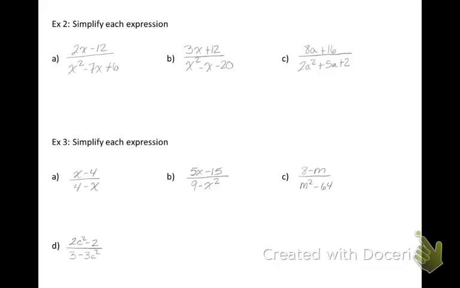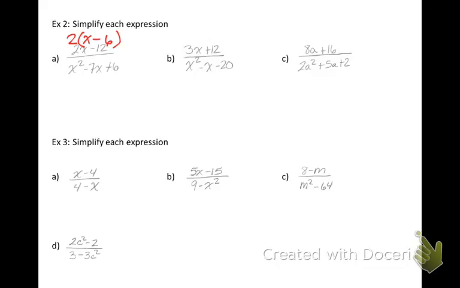Dominic, on example 2a, on the top part, what can you take out of 2x minus 12? 2. What's in the parentheses you are going to have? Let's try that again. X minus 6.